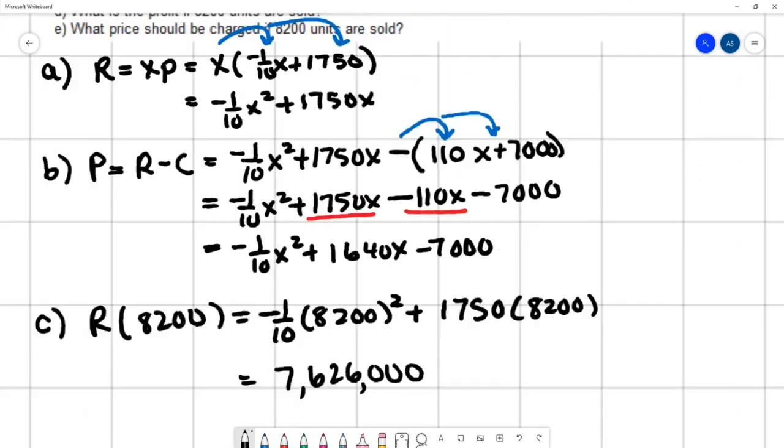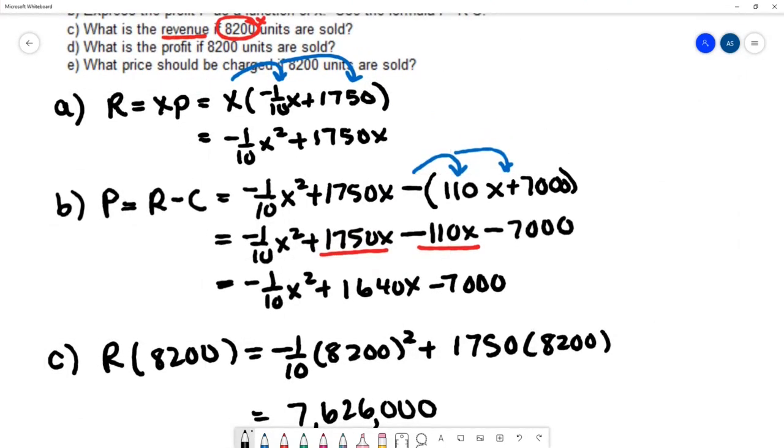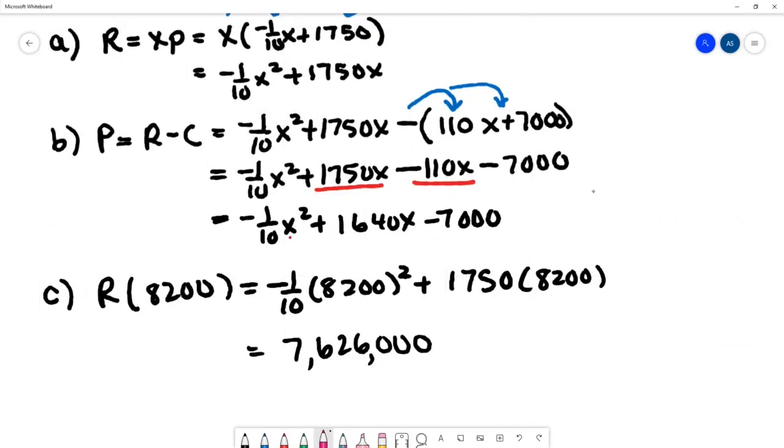In the next part, we want to find what is the profit if 8,200 units are sold. So once again, the 8,200 is our x, and we're going to substitute into the profit function that we found here.